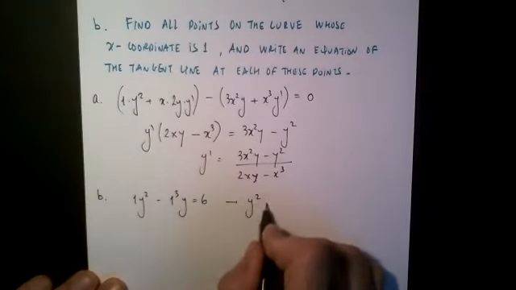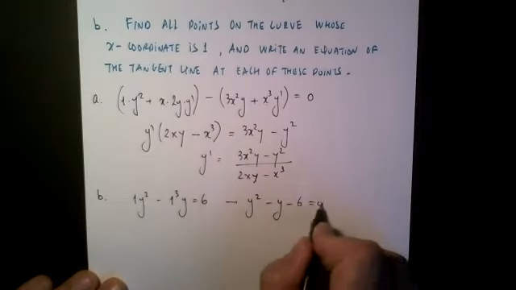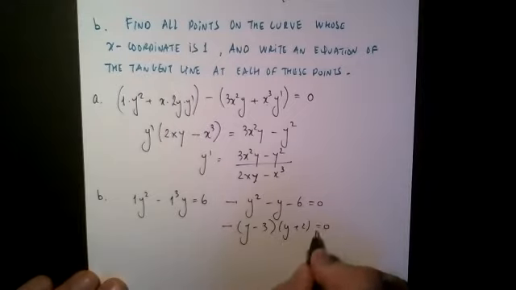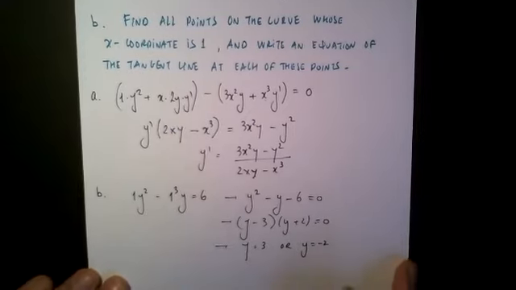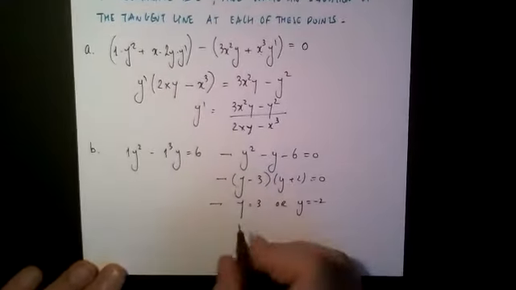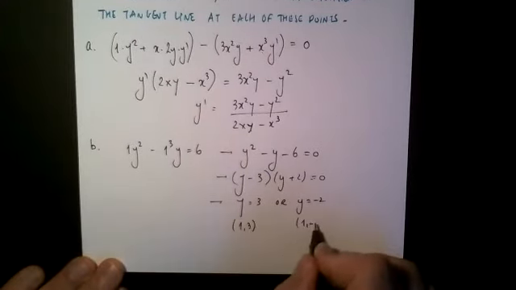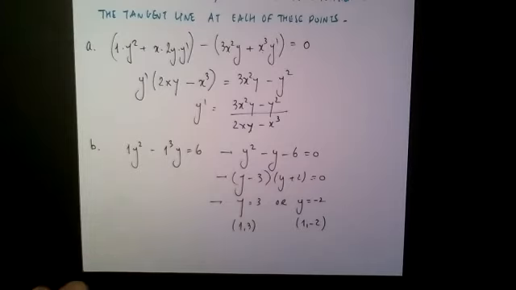So that means that y^2 minus y minus 6 equals 0, (y minus 3)(y plus 2) equals 0, and so y is 3 or y is negative 2. And so my 2 points will be (1, 3) and the other one will be (1, minus 2).